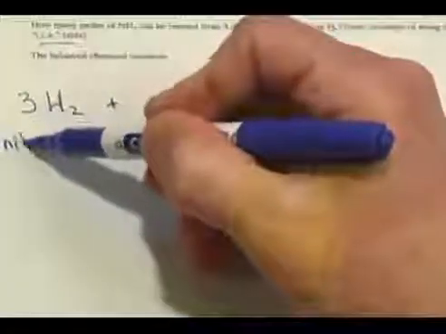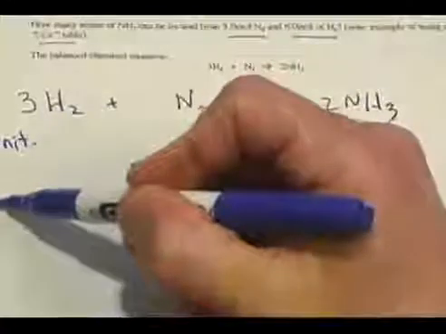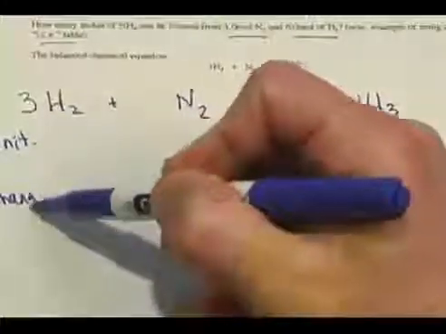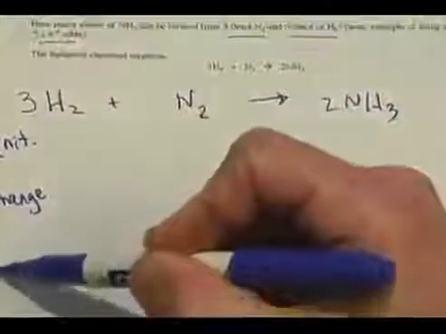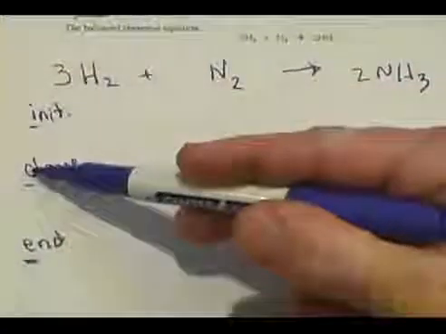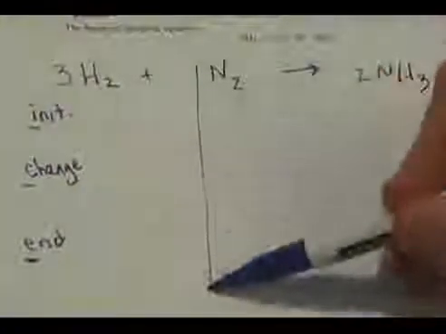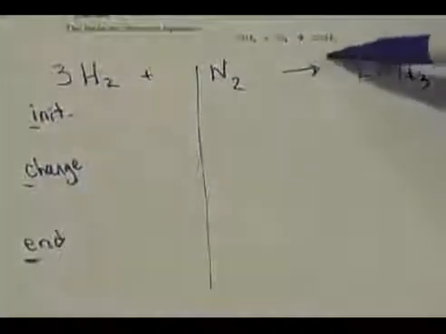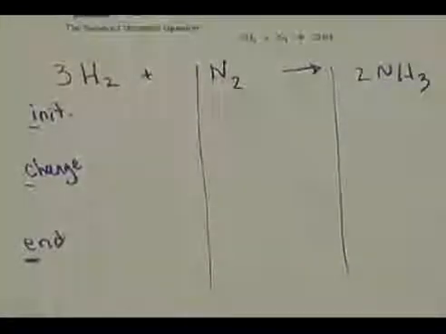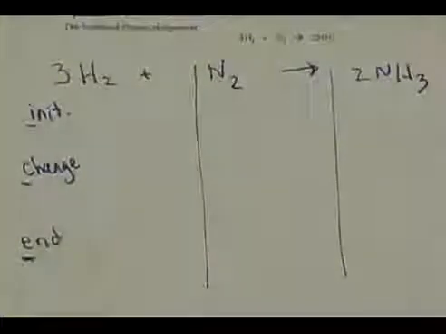I'm going to write I for initial, C for change, and then lastly E for end, and how much I'll end up with at the end of the reaction. Some people call this an ICE table because I-C-E spells ice. And then in this table what I'll do is I'll put my amounts of hydrogen, my amounts of nitrogen, and then eventually my amounts of NH3 or ammonia that are produced.